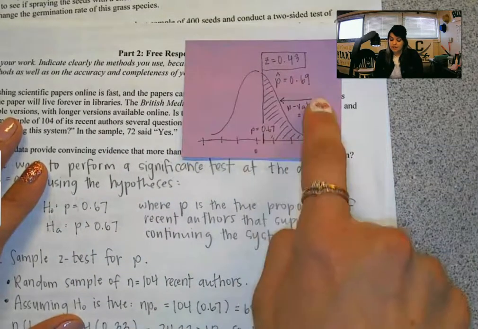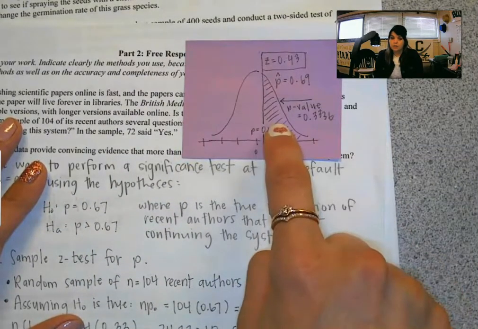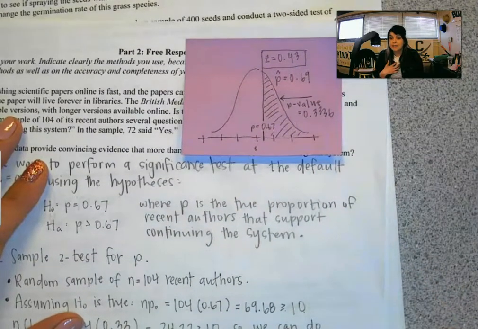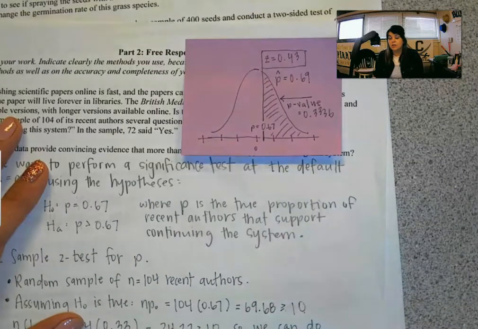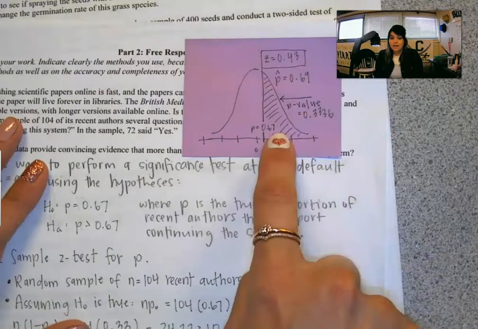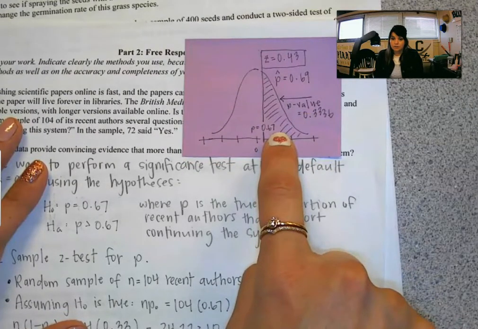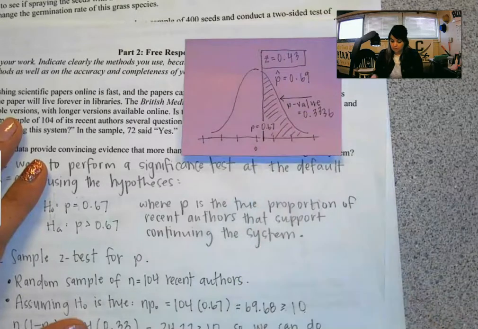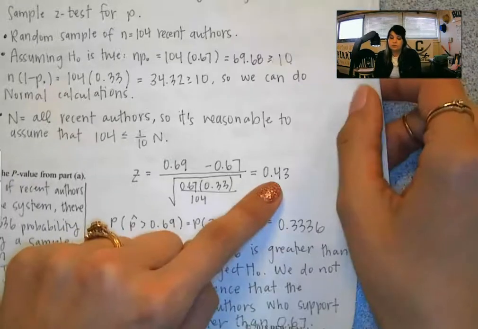Then this is just saying the p-value that you found is the area under the standard normal curve. That statement should make sense to you, especially going in reviewing for your actual exam. So if that statement does not make sense to you, you need to make sure that you get that figured out. I'm going to say that one more time. Your p-value is the area under the curve associated with the z-score that you found.